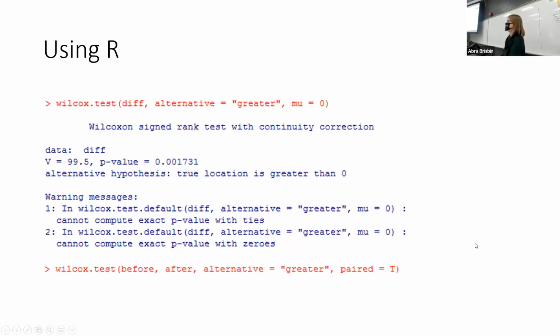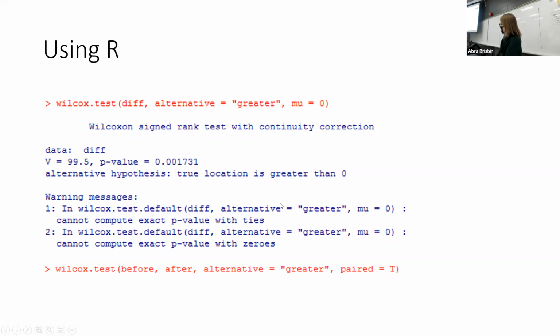To do this test in R, you would use the function wilcox.test. So you can do this in two different ways. One way would be to compute the differences. Say alternative equals greater, so we're specifying the direction of the alternative hypothesis.